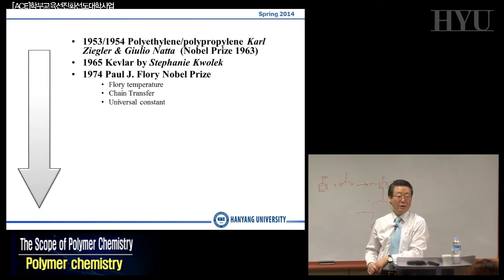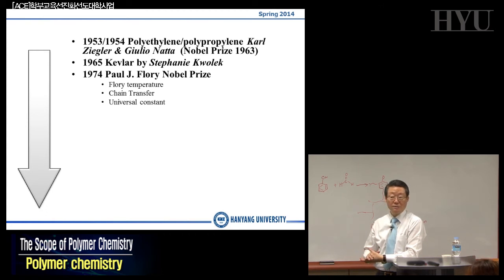And Paul J. Flory is not a synthetic organic chemist. He's a theoretician. Okay? His book Polymer Chemistry was published in 1956, when he was a professor in the chemistry department at Cornell University.